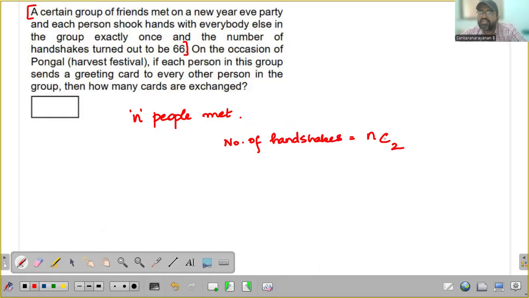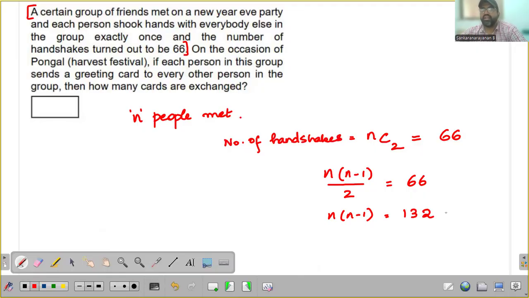It is given that this nC2, the total number of handshakes exchanged, is equal to 66. So n into n minus 1 by 2 is given as 66 here. n into n minus 1 is equal to 66 into 2, which is equal to 132. That's what we are getting here.